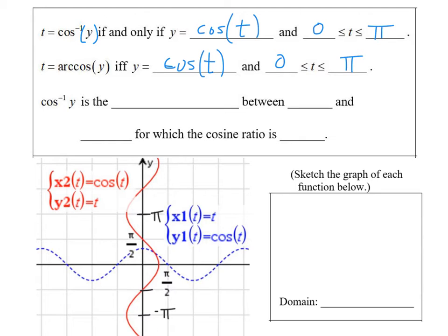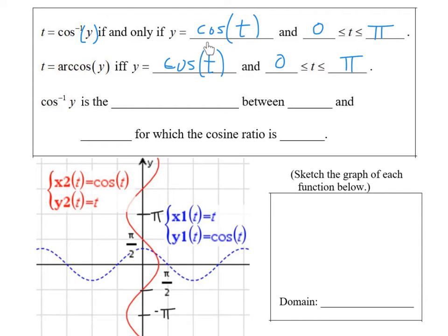This next sentence gets to the heart of, do you really understand what an inverse cosine is? All right. So what we have involved here, if we go back and look maybe at this equation, is we have an angle, t is our angle, and then we have our y.